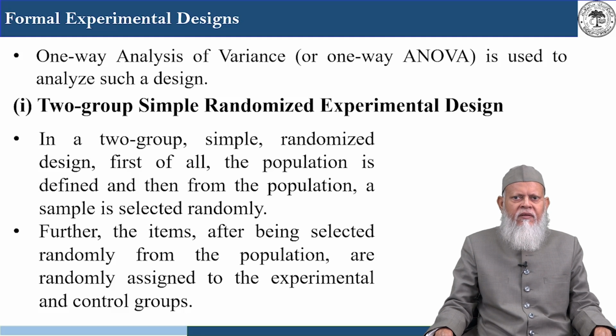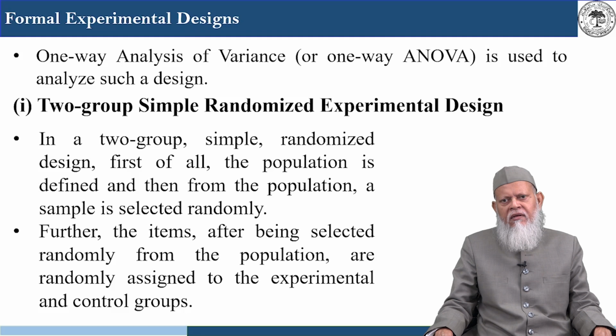What are the members or what are the items which are going to be under study for the problem the researcher is pursuing. So, in this two group simple randomized experimental design, the first step is to define the population, and then from the population select a random sample.